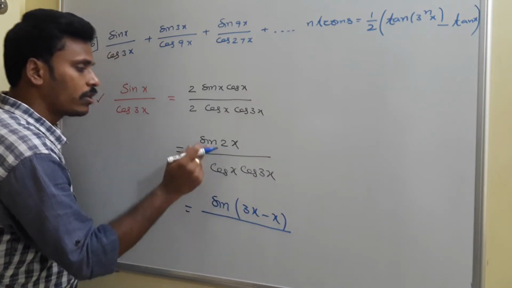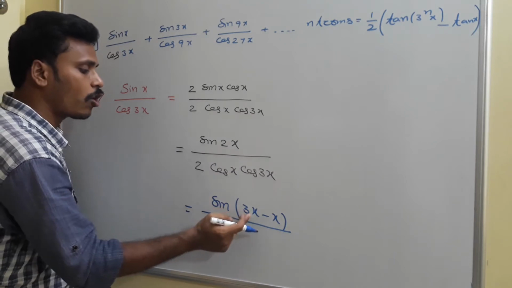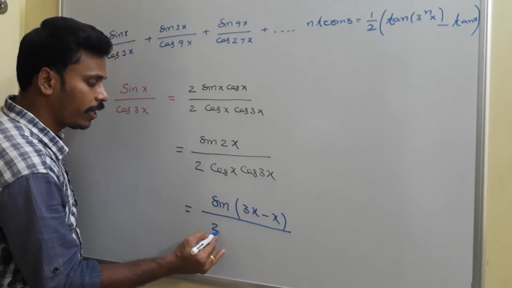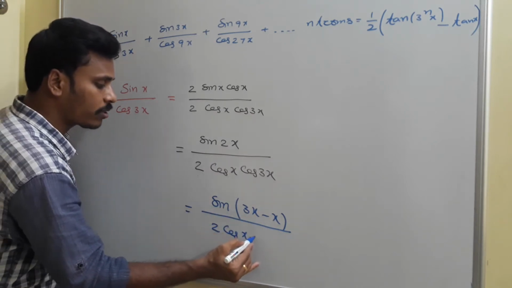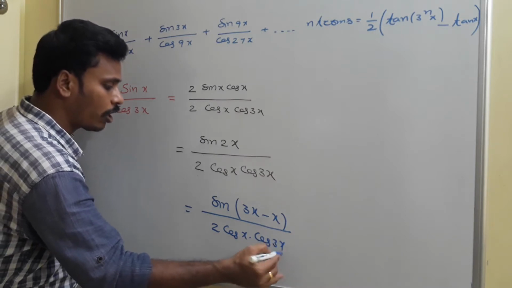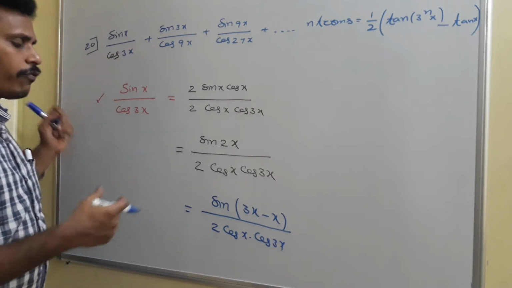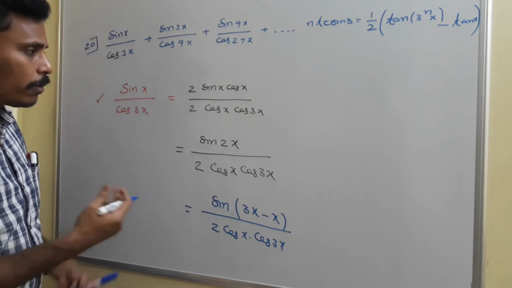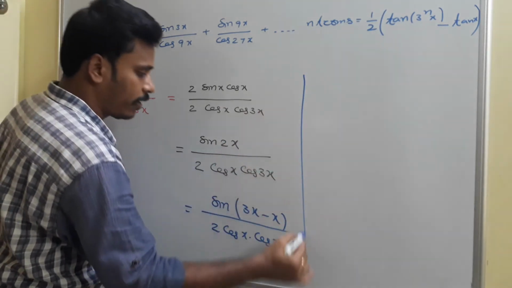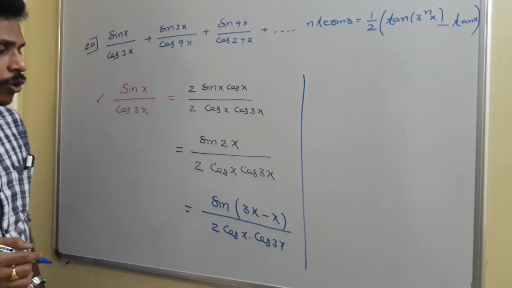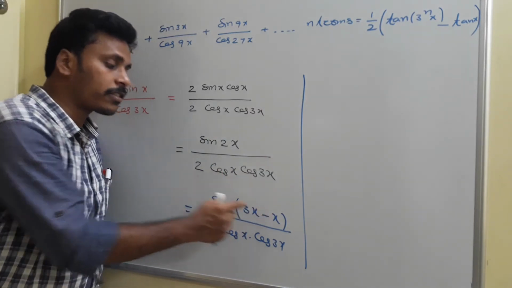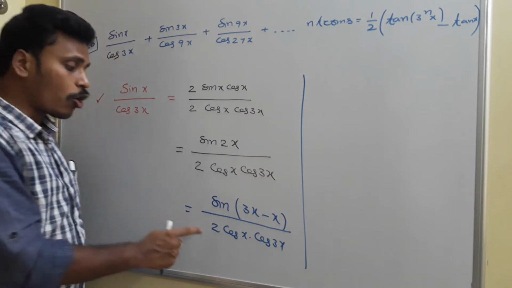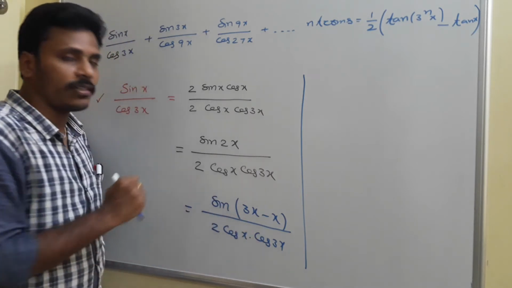So sin 2x is nothing but sin of 3x minus x divided by 2 cos x into cos 3x. If you know it, you can move easily, otherwise it needs a little more practice to write in this manner. Now the numerator is sin of 3x minus x, whereas the denominator is 2 cos x cos 3x.